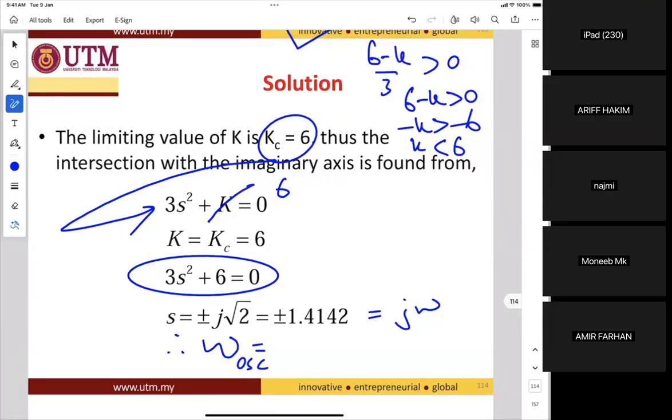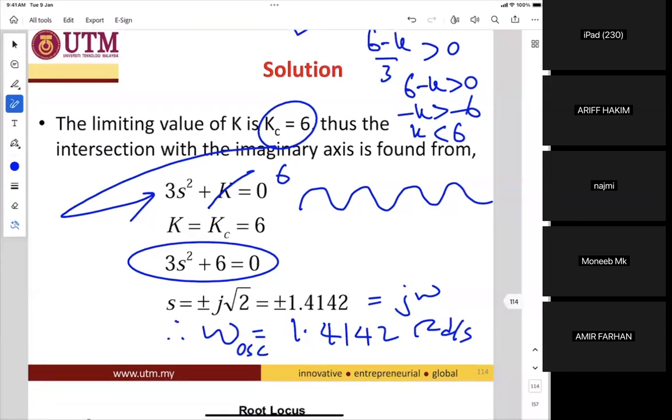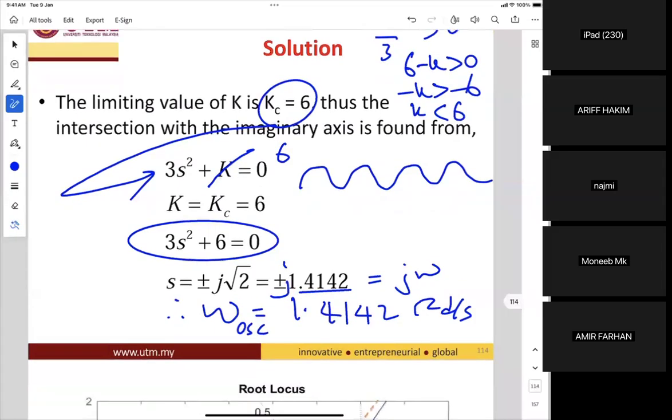What is the oscillation frequency? 1.4142. Radian per second. Okay, then you compare this one. This one is plus minus j. So omega is 1.4142.